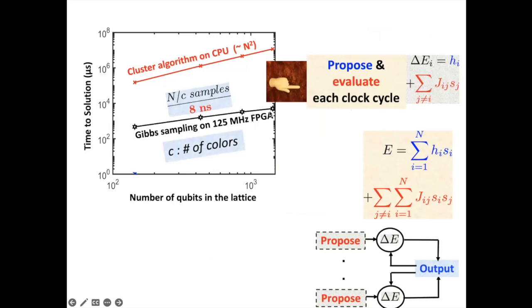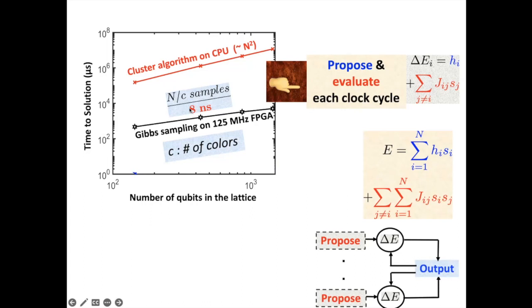actually, it takes some amount of work to design this FPGA properly. That's because it's not enough just to propose a lot in parallel. You also have to evaluate them efficiently right there, without having to access memory and things like that. What we did was set it up so that every clock cycle you could propose and evaluate as well. So at the end of the day, we were getting n over c samples, c being the number of colors, which in this case is 2.